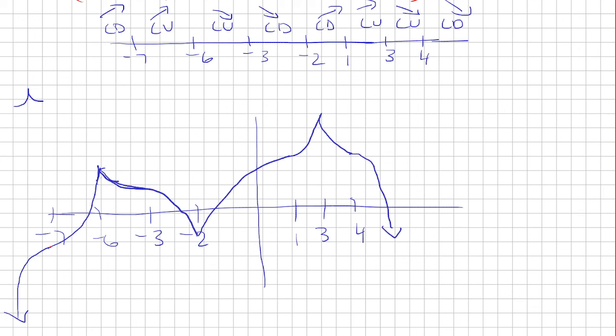Negative 3, same thing. Looks like it's 0 there. And negative 2, that changed concavity. That's undefined. And then 1 changes concavity. That's supposed to be like a straight line. And then at 3, it's supposed to change concavity here, so it's like a cusp. And then 4 also changes concavity. So this is our graph for f of x.